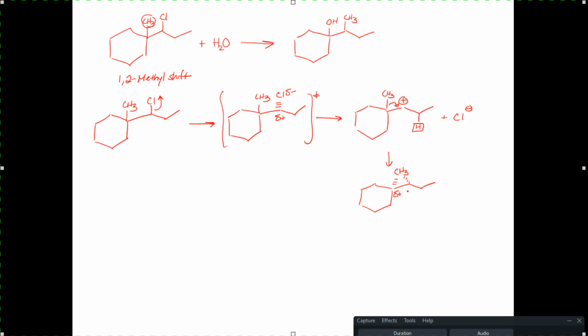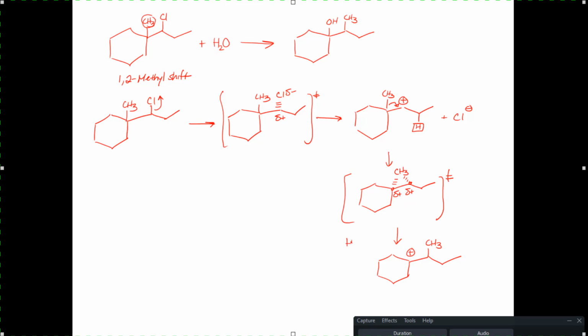Those two carbons are going to be transferring the positive charge from this carbon to the new carbocation, and the methyl group is going to be bridged in between them in this transition state to then form the more stable tertiary carbocation. So this would be our 1-2 methyl shift in the transition state.